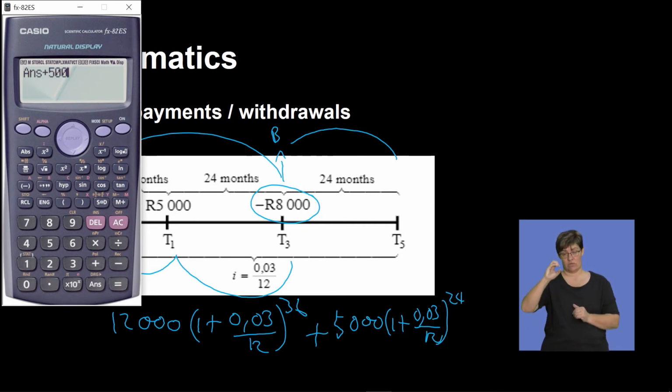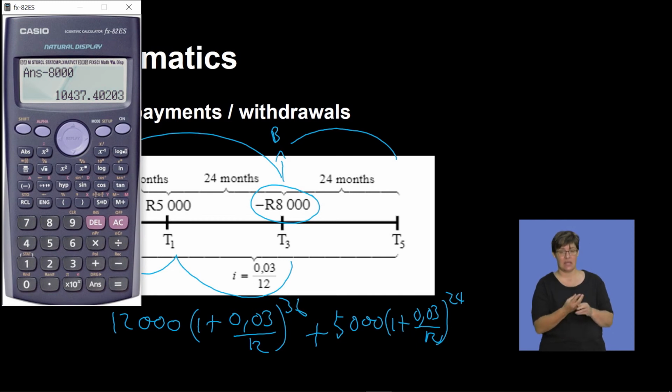This gained interest for 2 years, 1 plus, same, 0.03 divided by 12, and it was to the exponent of 24 because it's for 2 years. And that's how much she then had after 3 years. She then decided to do what? To withdraw the 8,000.